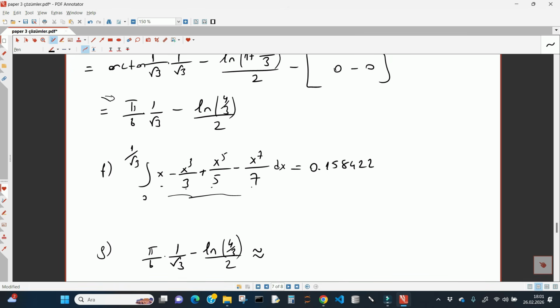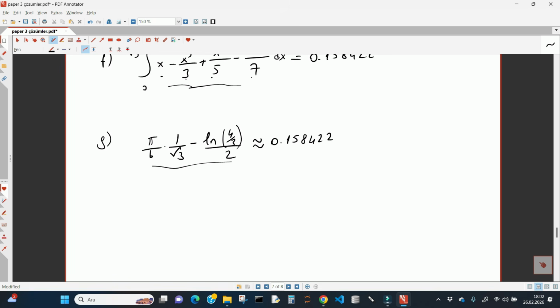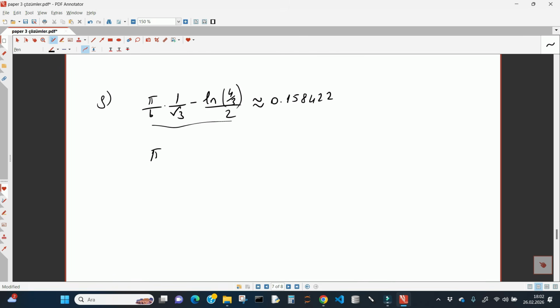We are almost doing the same integral in both questions. So we can say directly that the approximate value of this expression is 0.158422. And from here we can find the approximate value of pi.